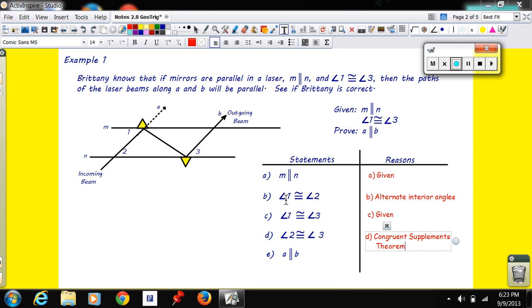We were talking in class today that angle 1 makes angle 2 add up to 180. Angle 1 also makes angle 3 add up to 180. So 2 and 3 are both making angle 1 add up to 180. That means 2 and 3 have to be equal to each other because they both made angle 1. Whatever angle 1 was, they both of them made it add up to 180. So they're congruent to each other. We call that the congruent supplements theorem.